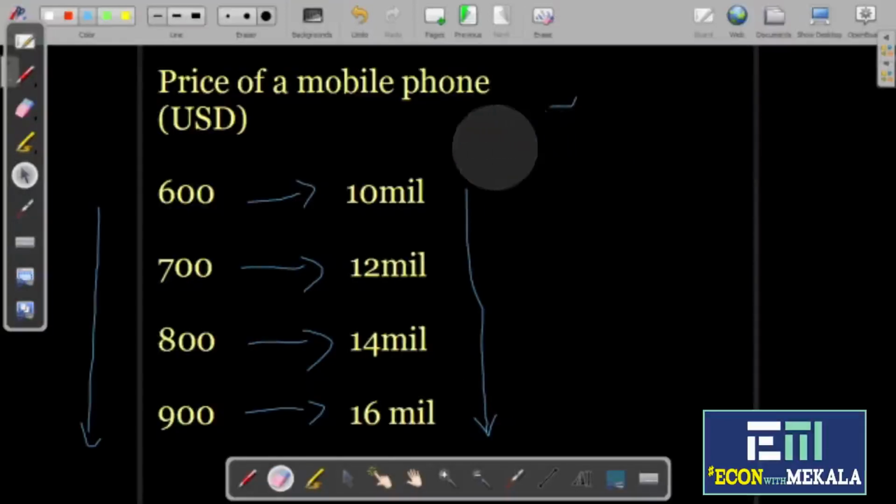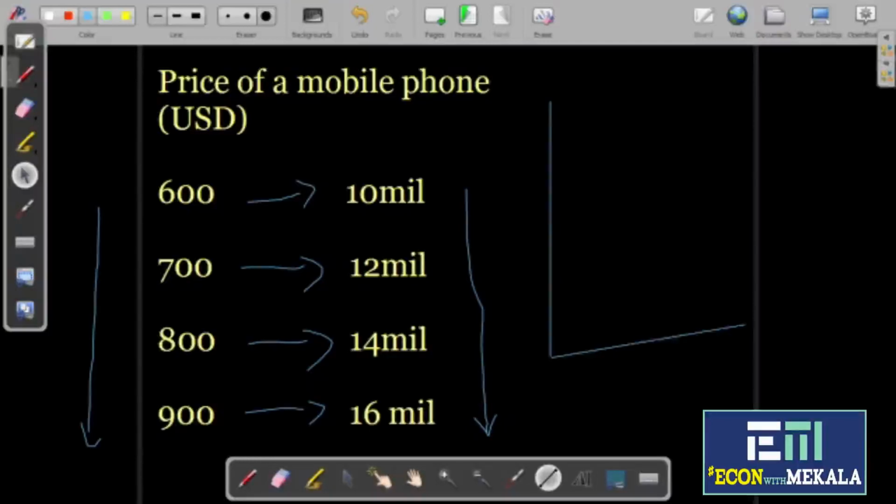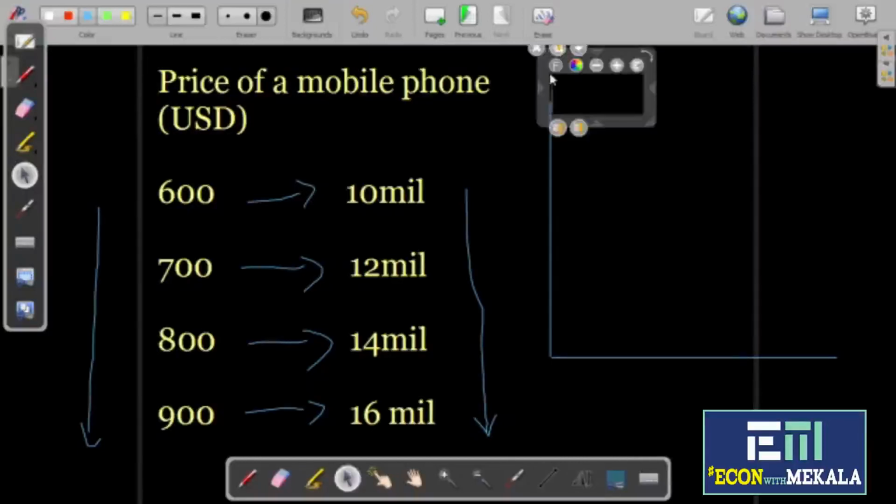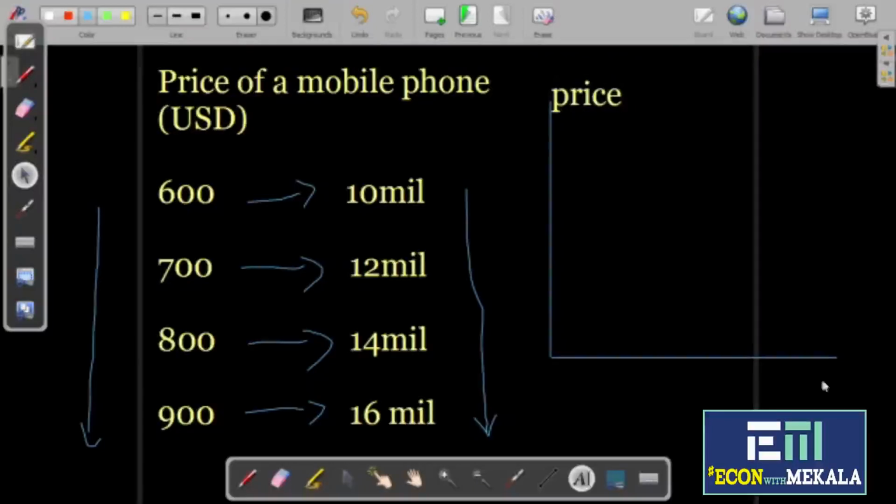Same as our demand curve, to construct a supply curve, we use a price axis and a quantity axis. So this is price, quantity, supply.